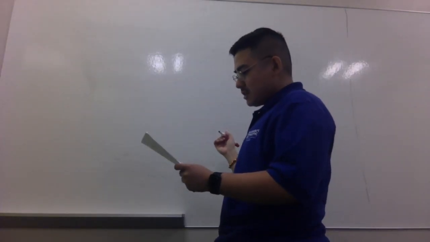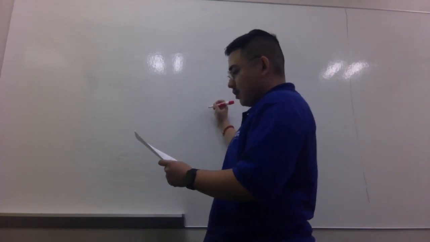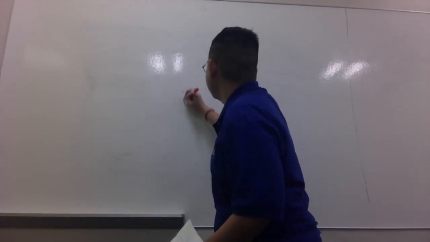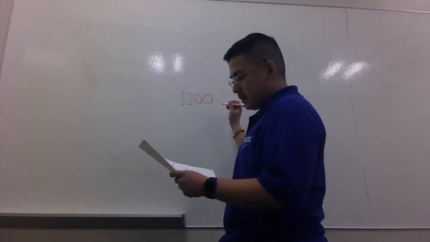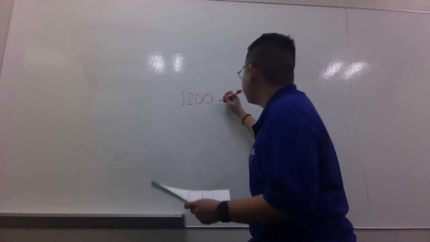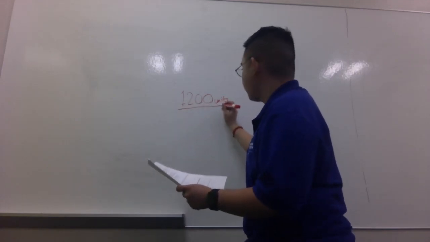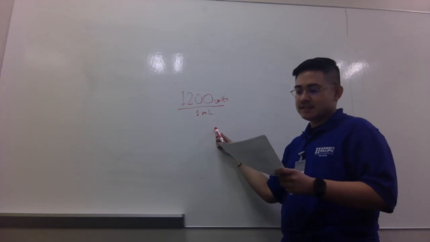It says here that the resultant is 1,200 units per 1 milliliter. So this is the resultant, let's say this is the given.